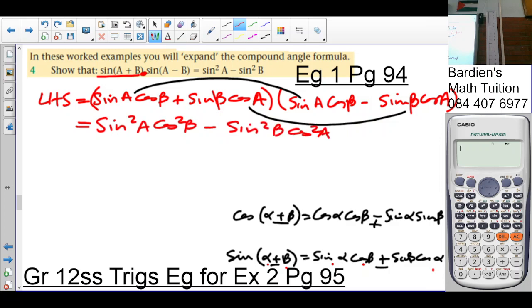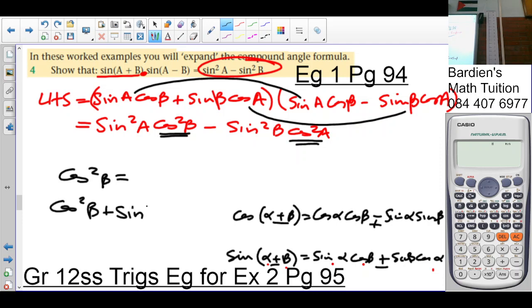But if you look here, what do we have? We don't have cos, we have no cosines. Not so. But what is cos squared B also equal to? Cos squared B plus sine squared B is equal to 1.